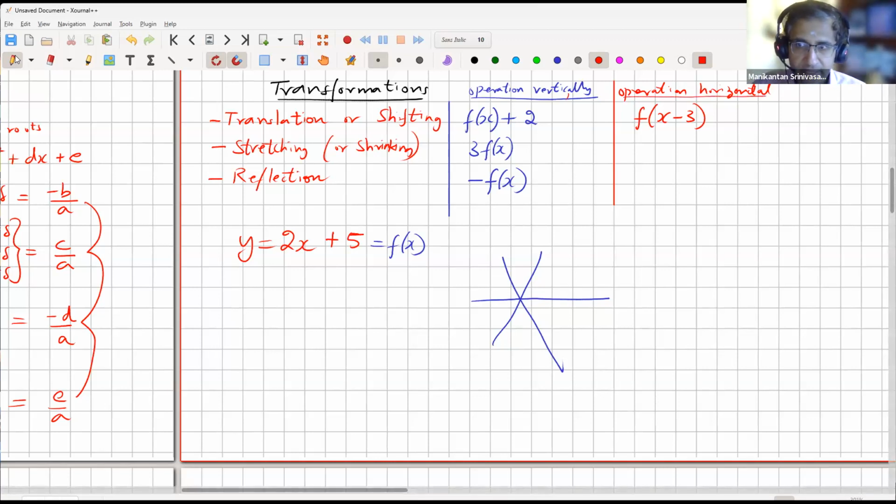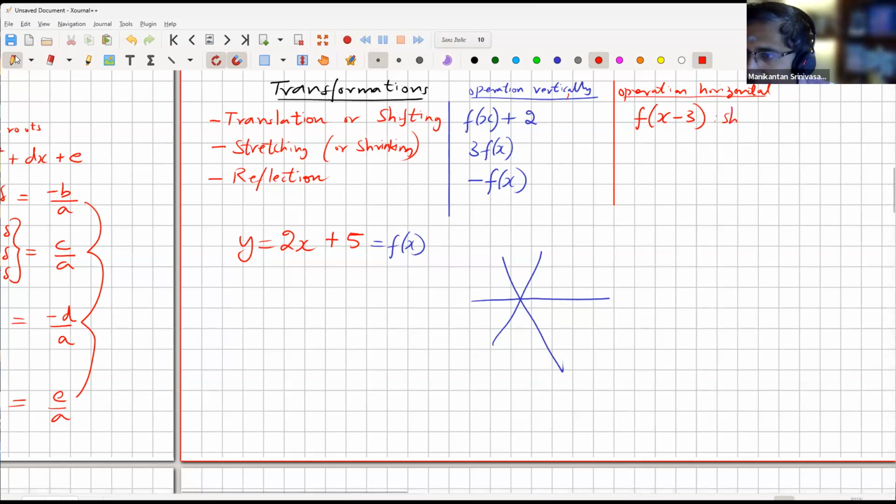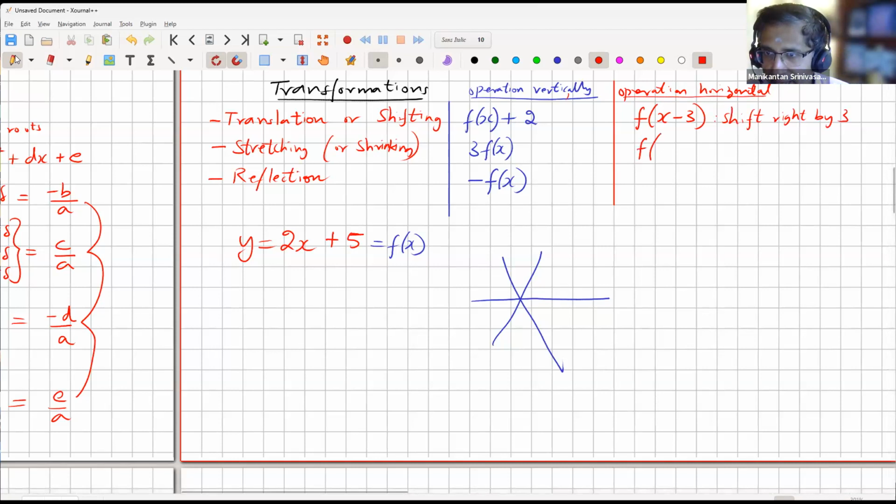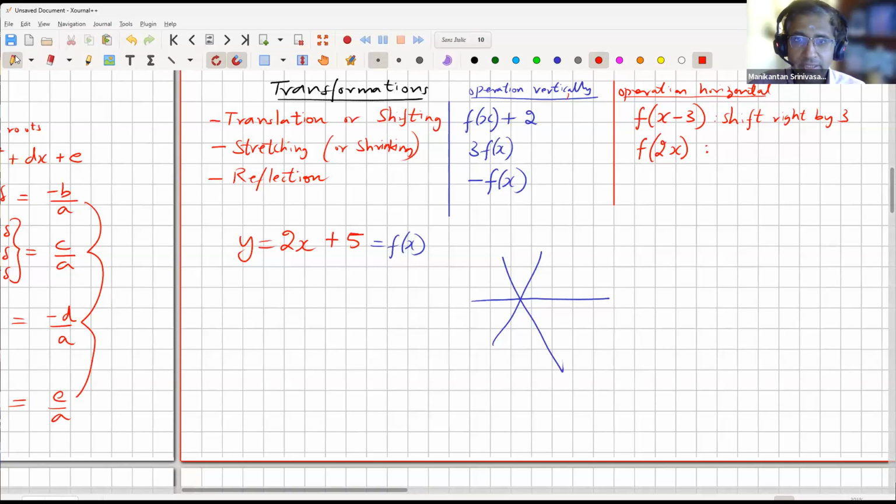If I'm constructing a new function f of x minus 3 from f of x, that's shifting right by 3. Conversely, if I have f of x plus 7, it's shifting left by 7. Now, similarly, if I have f of 2x, it's not a stretch, but a horizontal shrink by 2, though we usually look at it as a stretch factor.